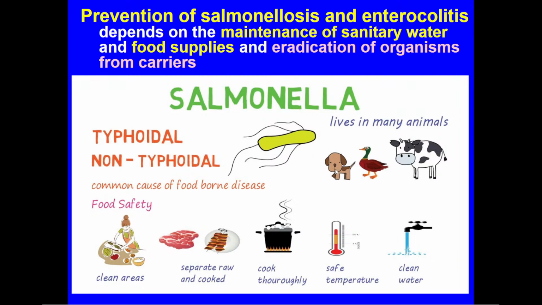If it is undercooked, that can be a source of these non-typhoidal bacilli, or poultry eggs that we use undercooked or not cooked in the production of creams or so. And also they can be carried by those who prepare food.